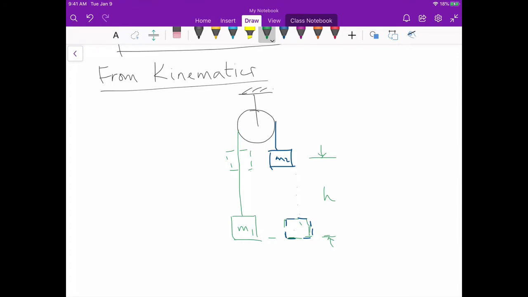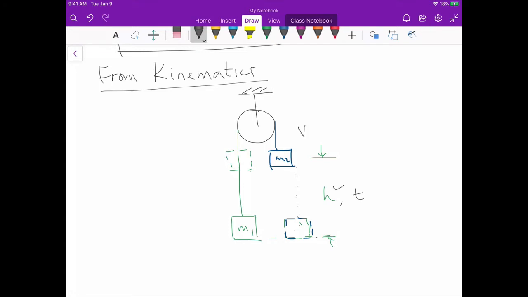Just use a ruler or a tape measure to measure it. Then, if you know h, you can use a stopwatch to time it. You let this mass go, and as soon as it hits the ground, you stop the time. Then you have the time.